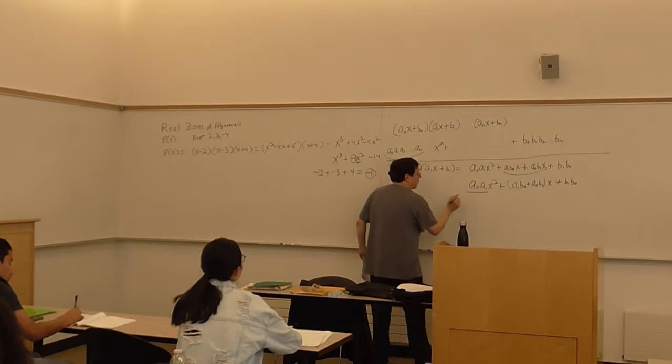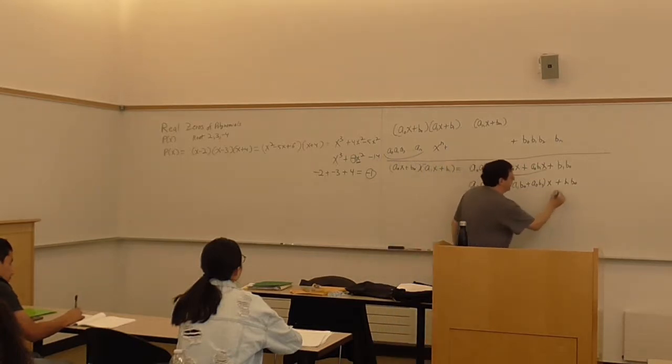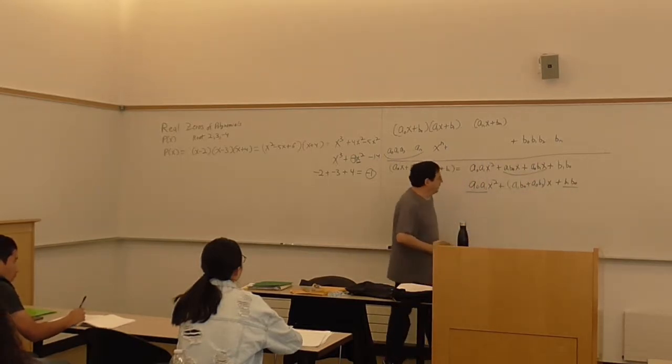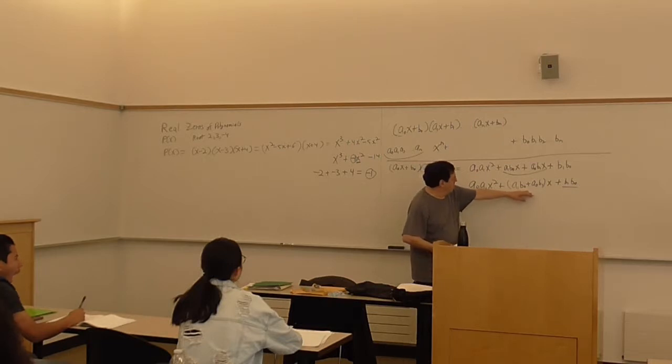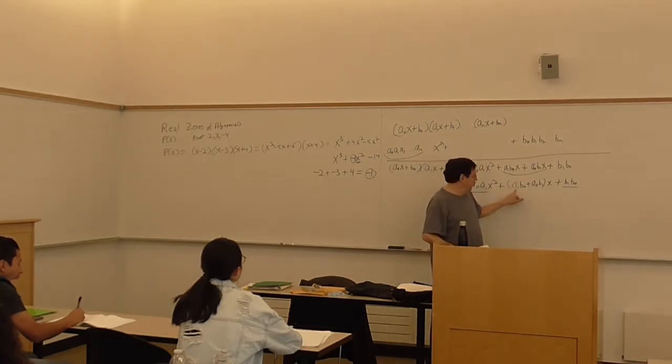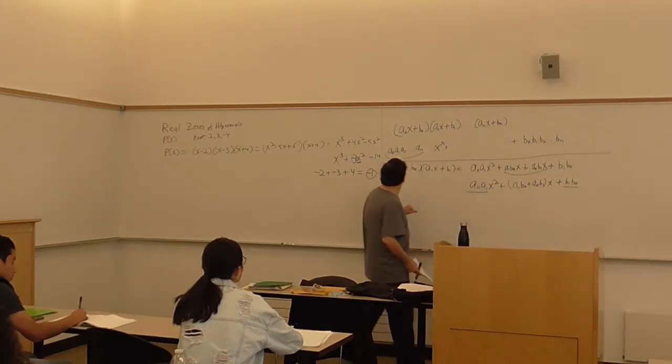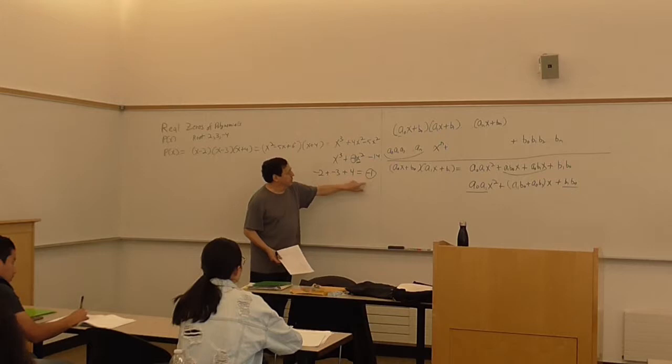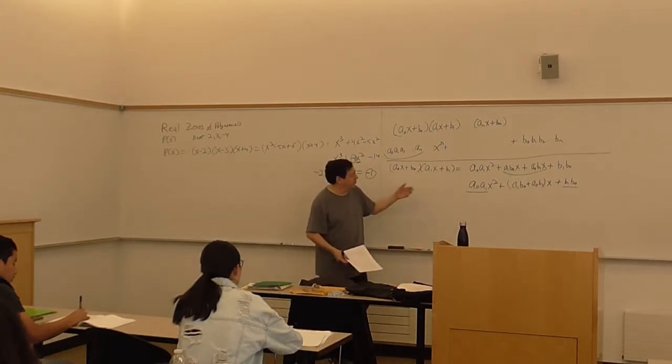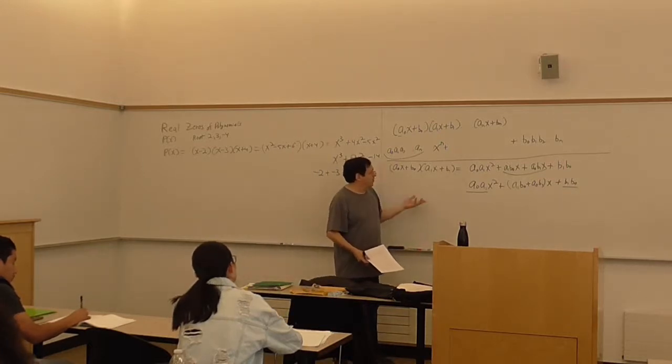Okay, so the leading coefficient and the constant term are what I expected. Now, if all the a's were 1, this would be the sum of the b's. Remember, I mentioned that this was minus 1. This is just in the case of x squared, second degree.